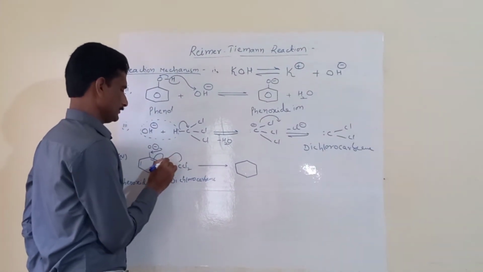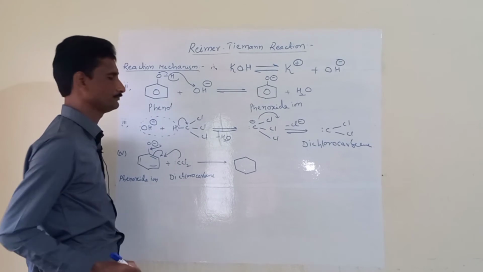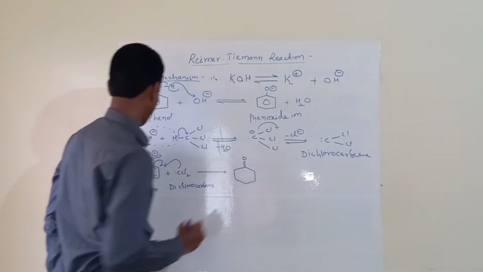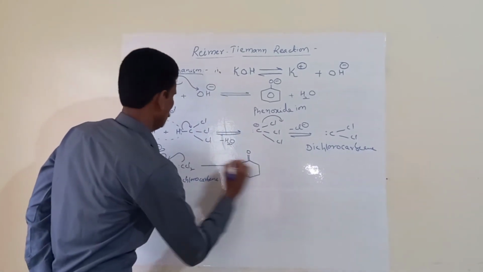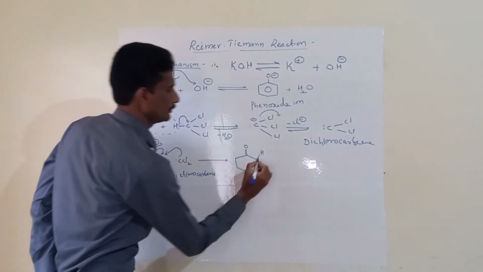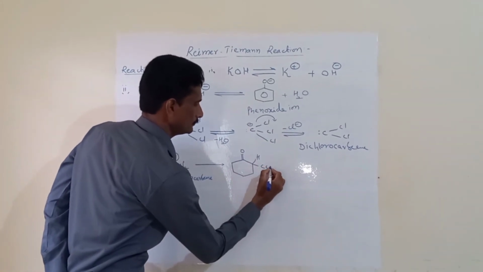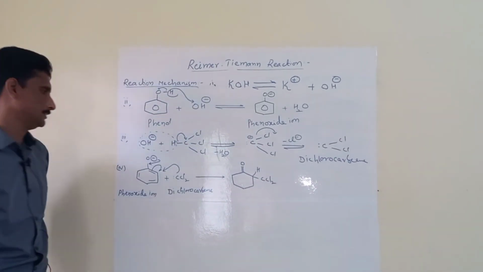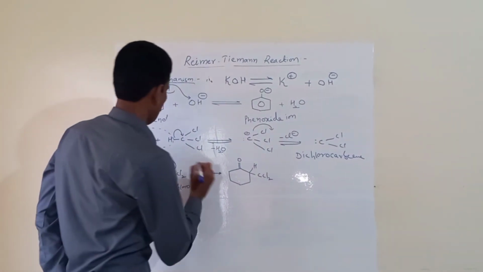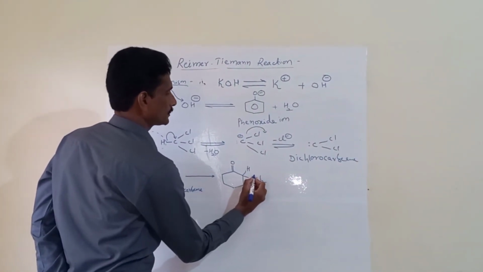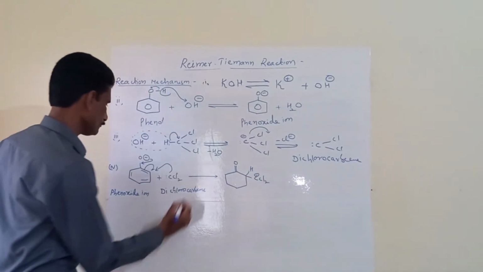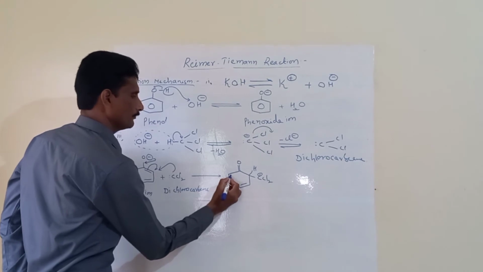Dichlorocarbene is substituted here. Double bond, hydrogen, CH, here CCl2. Next, negative charge, pi bond.